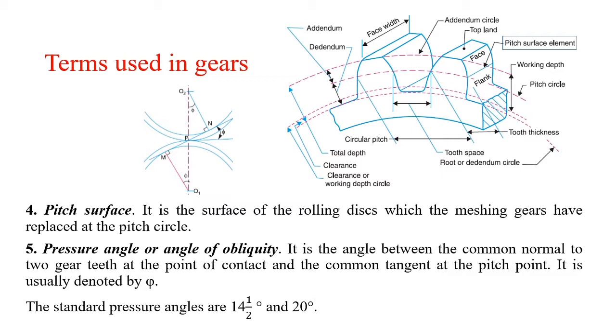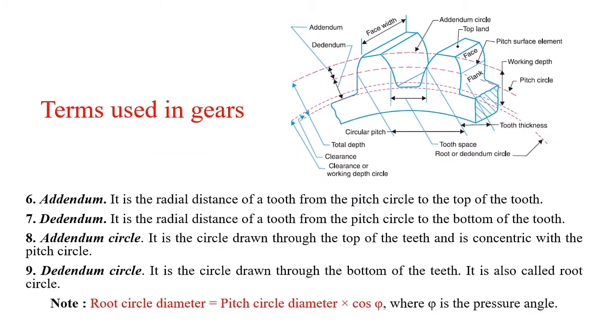The angle between this common normal and common tangent is represented by phi, and it is called the pressure angle or angle of obliquity. This can be varied, and the standard pressure angles are 14.5 degree and 20 degree. These two pressure angles are standard. It can vary for different types of gears.